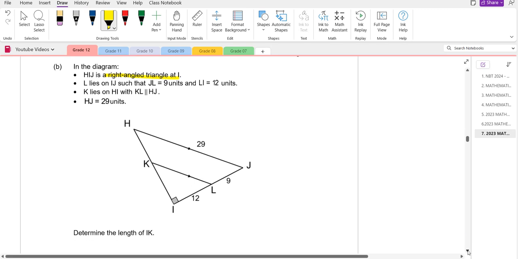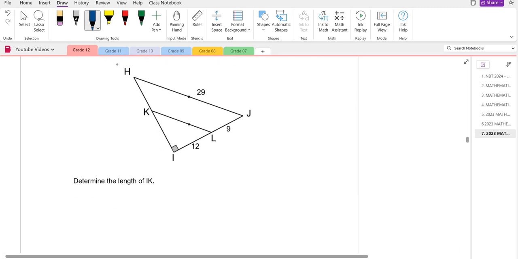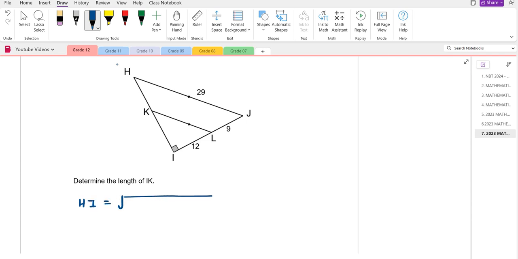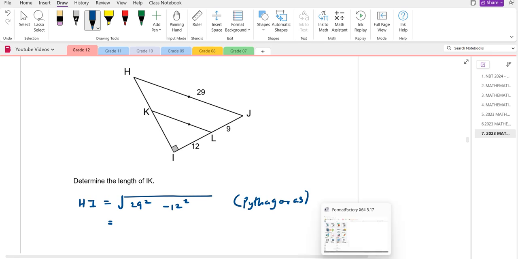So let's find HI. HI is equal to, by Pythagoras, 29 squared minus 12 squared. And this is from Pythagoras, right?